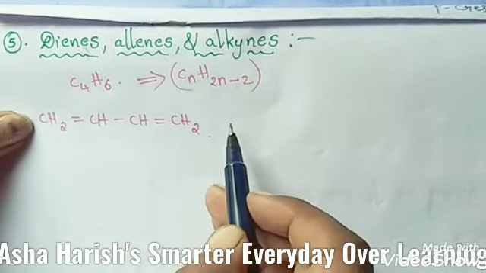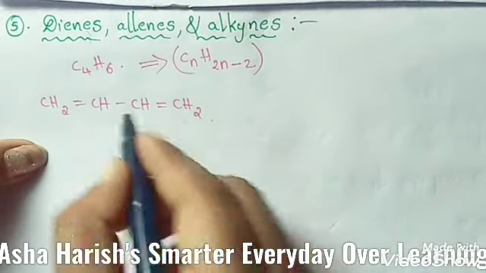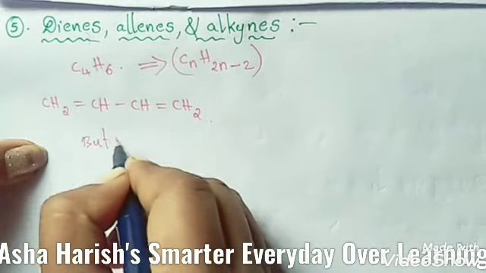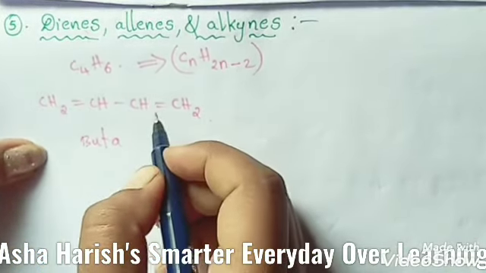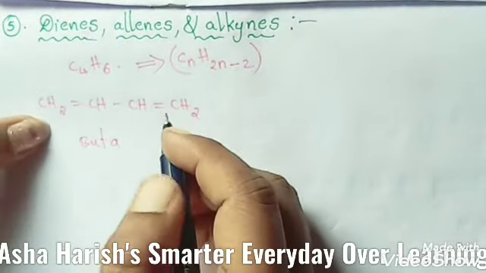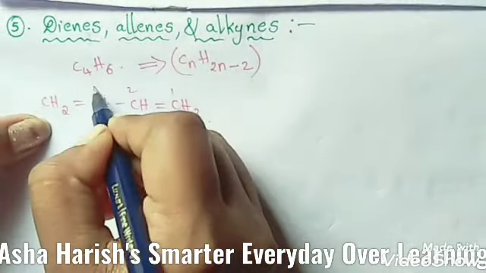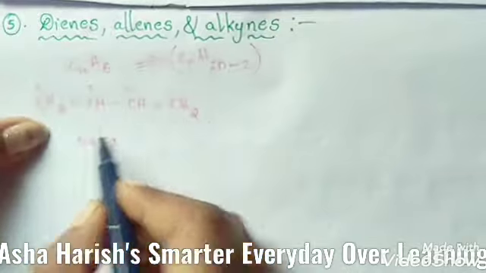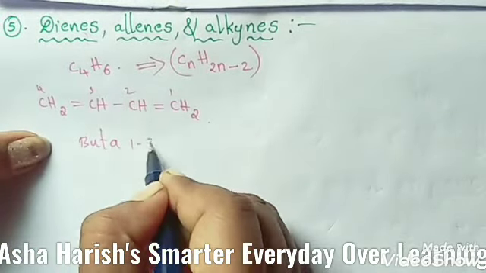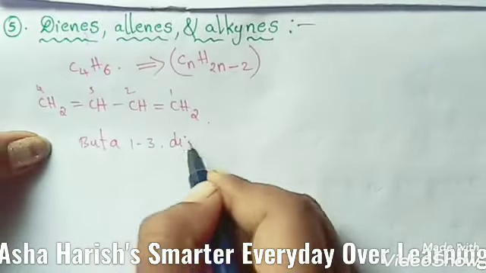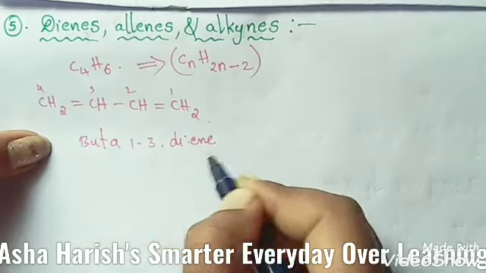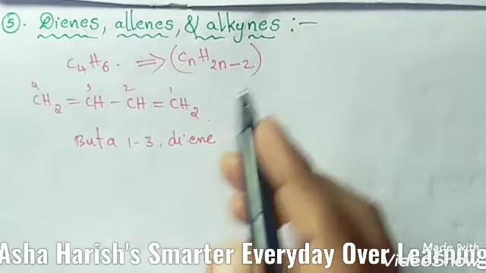Here 4 carbon atoms are present, so the root word is buta. Here 2 double bonds are located, at the first carbon and the third carbon, 1 and 3, so it is a diene. You should represent it like this.